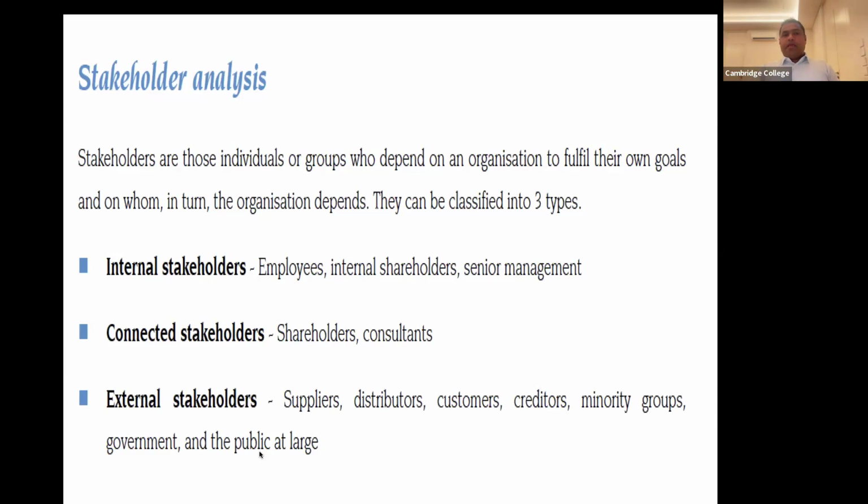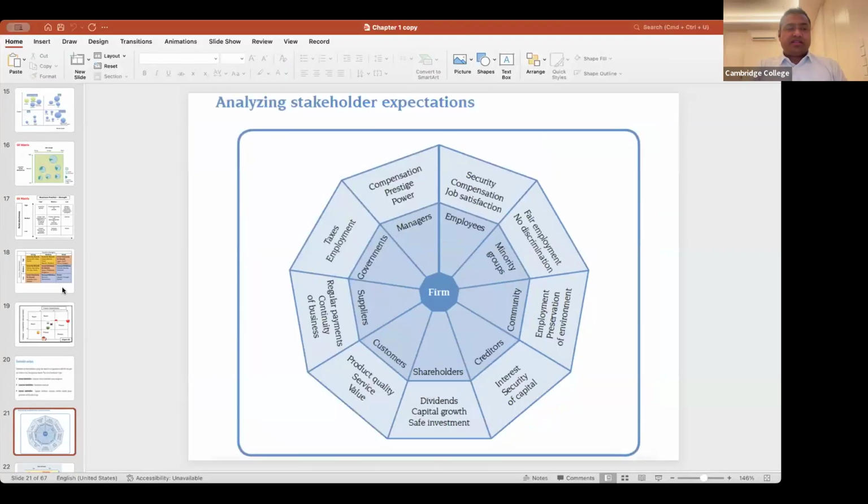I'll repeat that. A stakeholder can be an individual or group who can influence the organization's activities or be influenced by the organization's activities. That is a stakeholder. Now, there are three types of stakeholders: internal stakeholders, connected stakeholders, and external stakeholders.